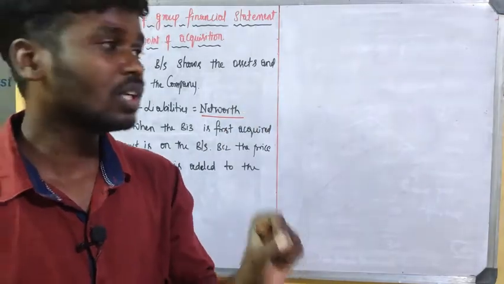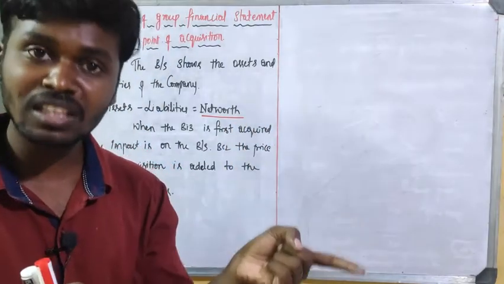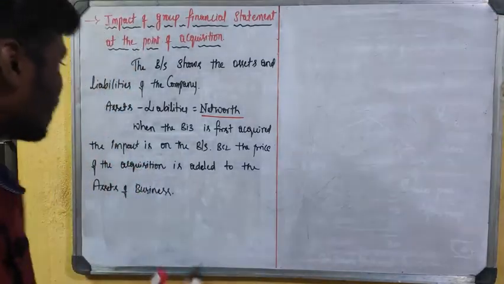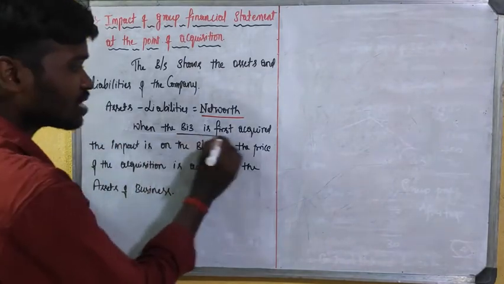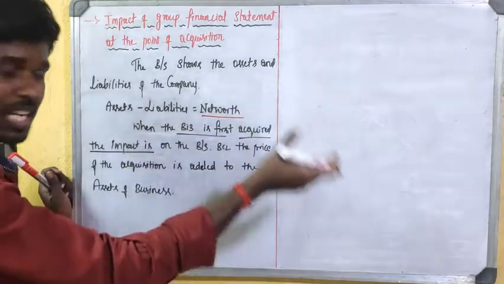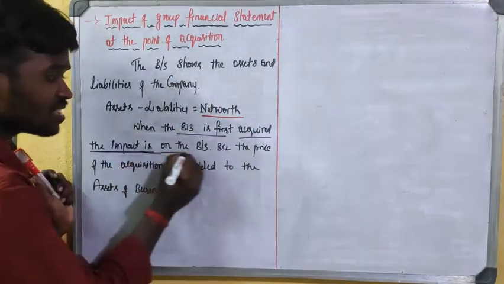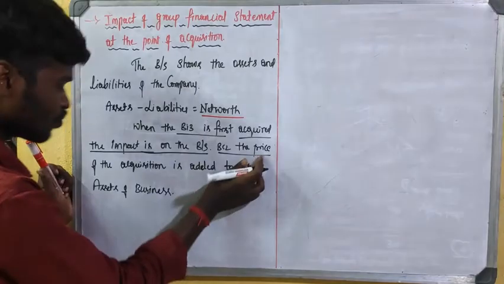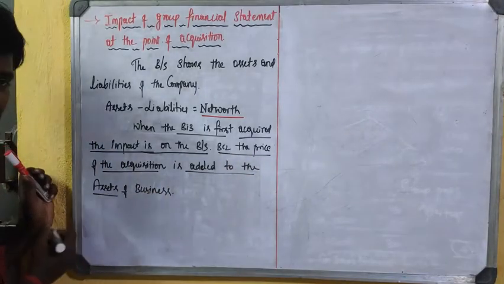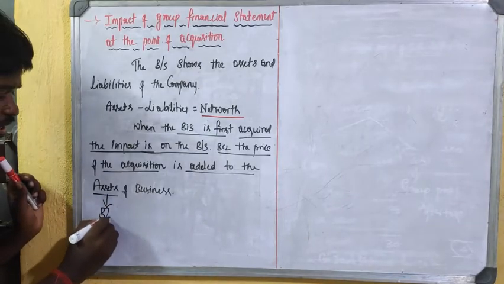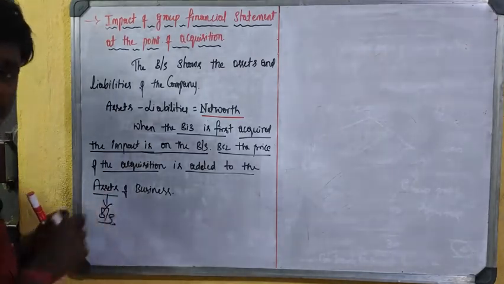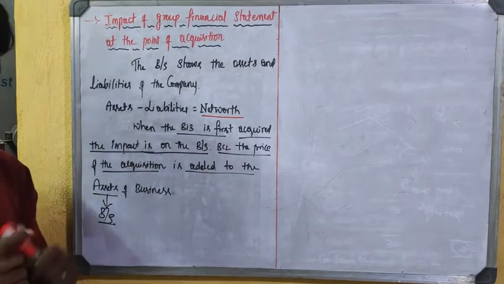So therefore the acquisition process will affect the balance sheet directly, but not the income statement. See, when the business first acquires the subsidiary company, then the impact is on the balance sheet, because the price of the acquisition amount we have to add to the assets. So this asset must be represented in the balance sheet. So therefore it will affect the balance sheet of the business organization, but not the income statement.